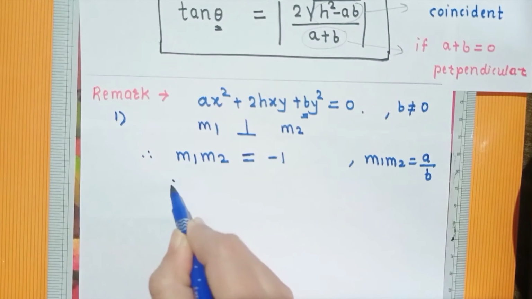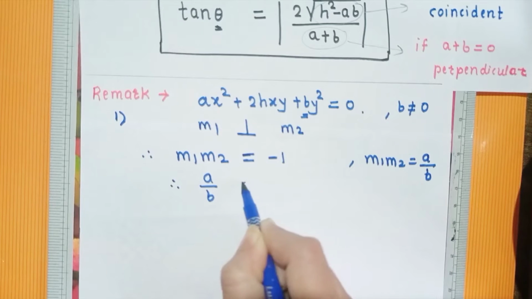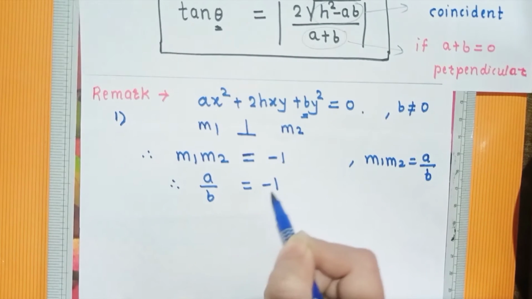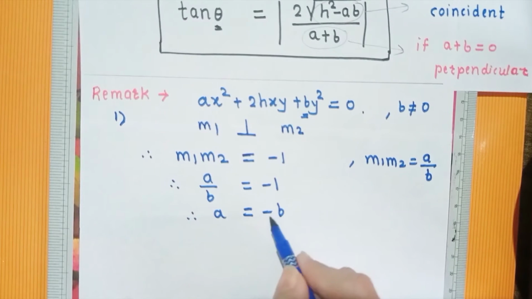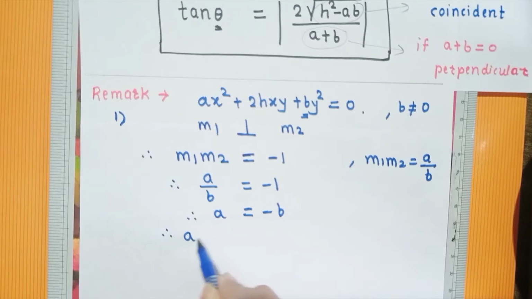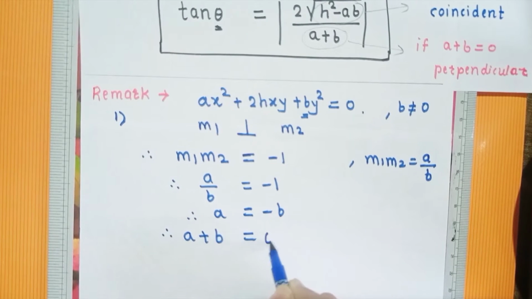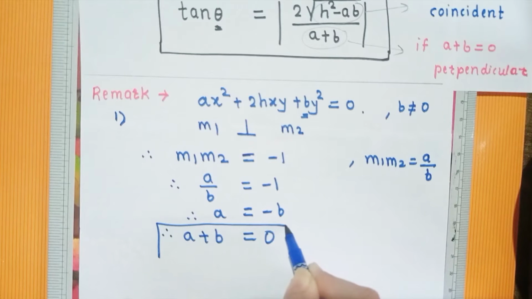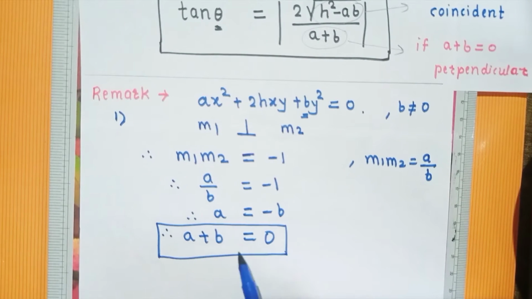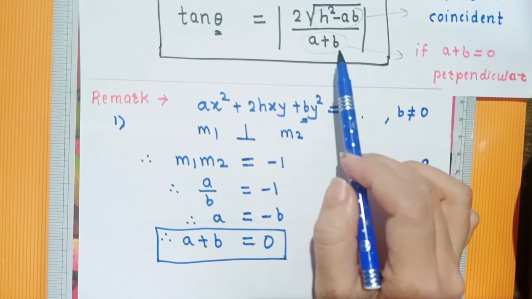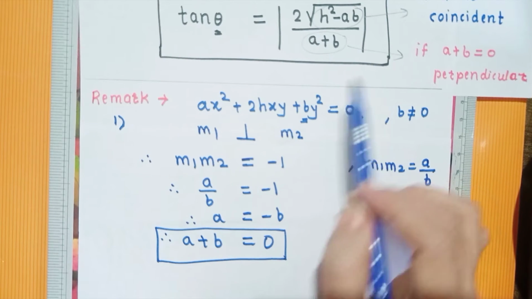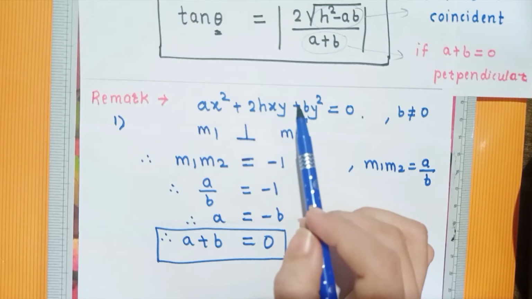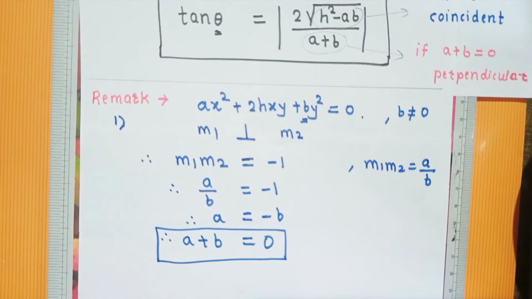So substitute this here, a upon b equal to minus 1, move this b there, so a equal to minus b, take this minus to the LHS, and therefore a plus b equal to 0. So this is the most important condition. Remember this, and we have seen this in the denominator. If this denominator equal to 0, then these lines are perpendicular to each other.